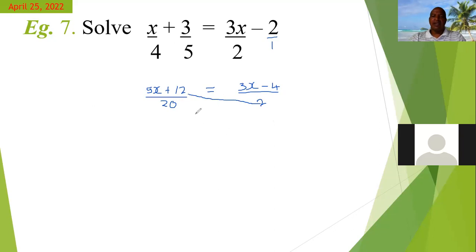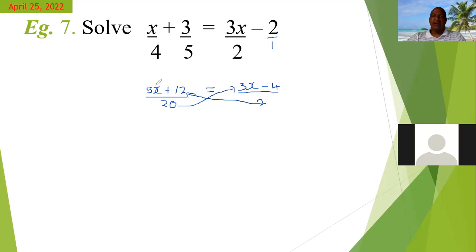It's just a technique that we use when we want to get rid of the denominator. So the denominator on the left-hand side, we take it and cross it and multiply the numerator on the right. So bringing up the 20, we use it to multiply the expression in the numerator on the right, and bring up the 2 on the left.